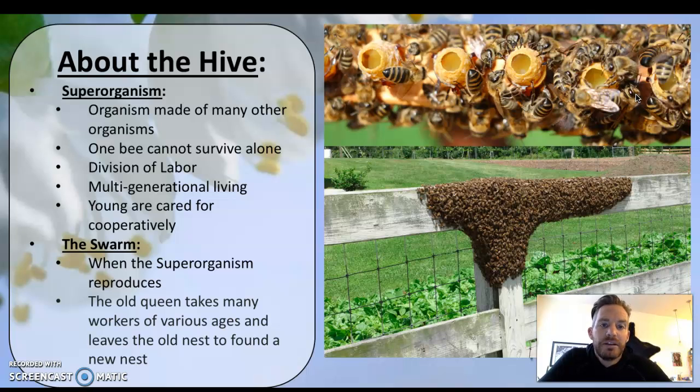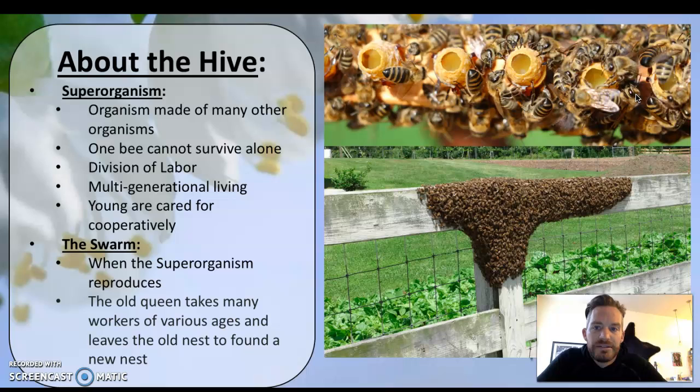Then the other bees will work to protect their new queen. She will leave on her mating flight, be inseminated by many of the drones, and return and begin to lay clutches and clutches of eggs to repopulate the superorganism.